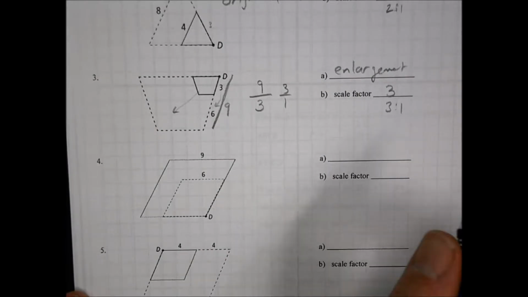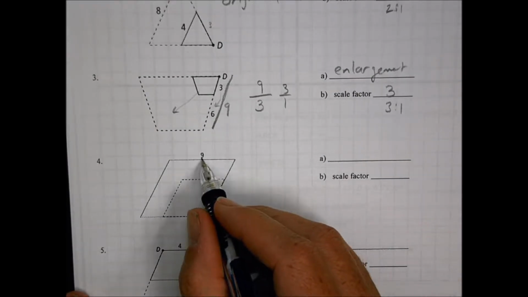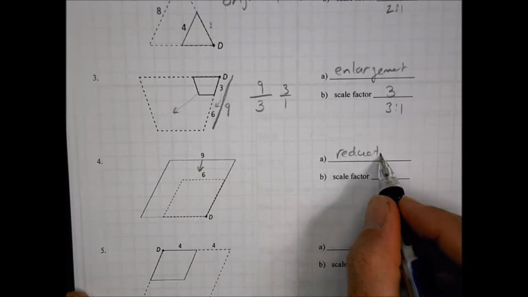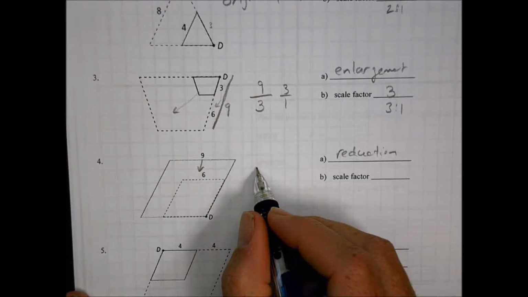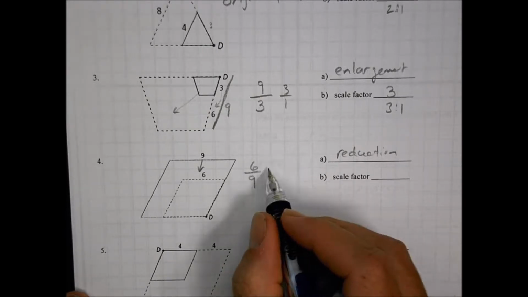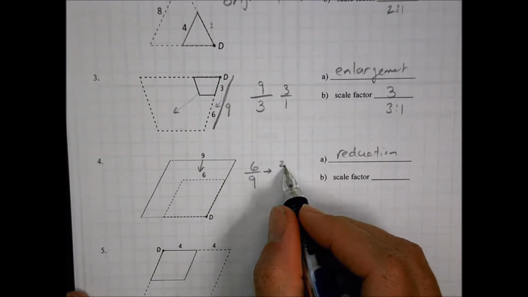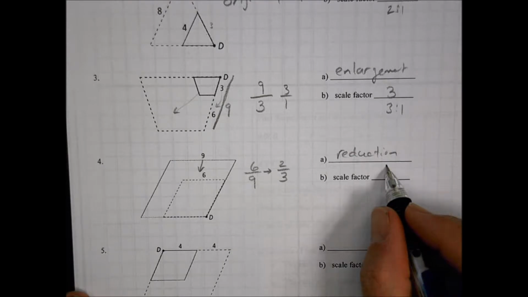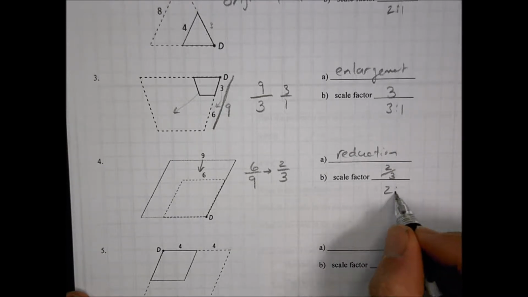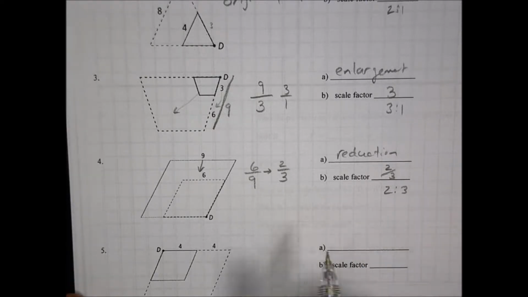For number 4, similar idea. We're going from a big one to a smaller one, so this would be a reduction in this case. We're going from our original, which was 9, to our new one, which is 6, and so that reduces down to a 2/3 reduction. If you did 2/3 or if you did 2 to 3, that's okay as well.